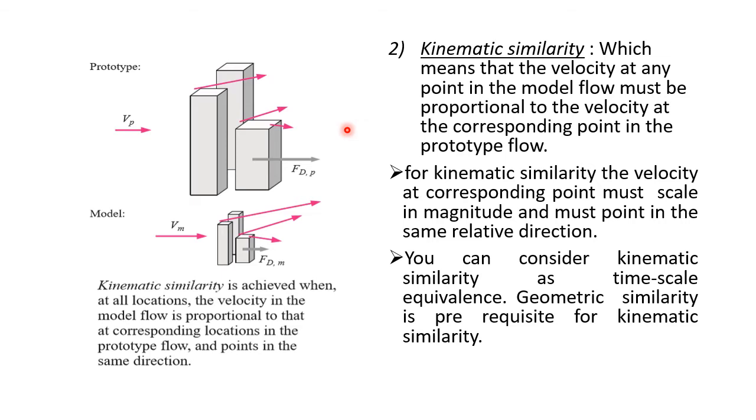Velocity is a vector quantity, it has both magnitude as well as direction. The velocity on the model should be in the same direction. Its magnitude can vary depending on the multiplication, but the direction should not change.